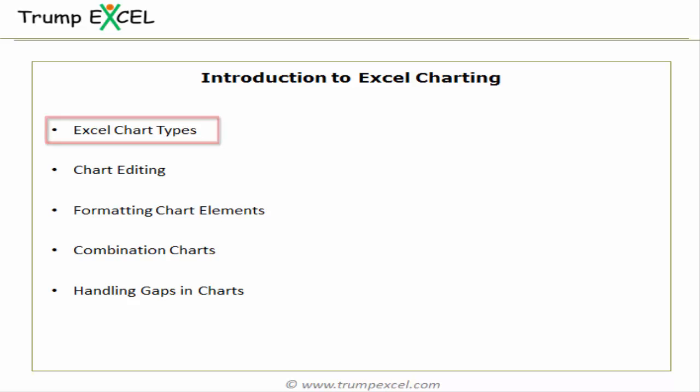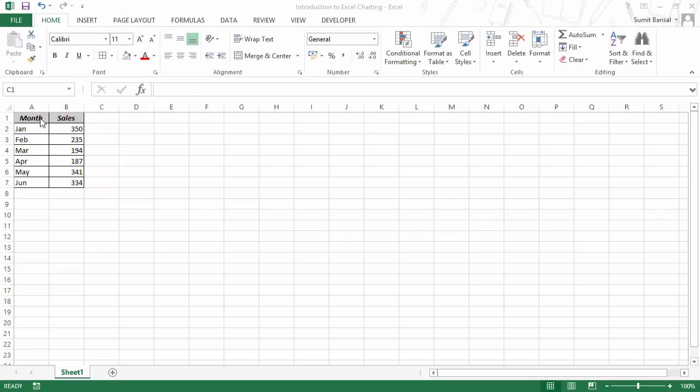So let's get started. Here I have some data for monthly sales for 6 months, and I'll show you how to create various charts using this data. But before I show you that, one thing I need to highlight is that there are some differences between 2013 and the prior versions, which is 2010 and 2007. While all the options are available in both these versions, the placement of these options may be a bit different.